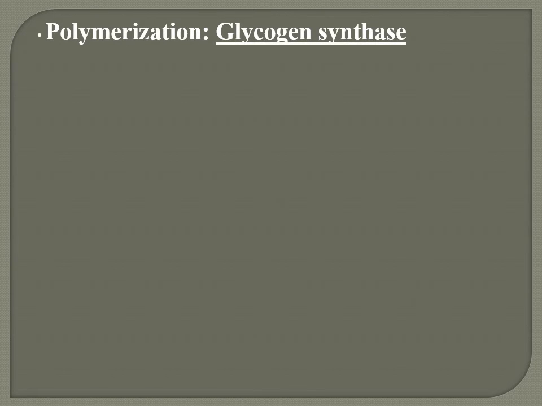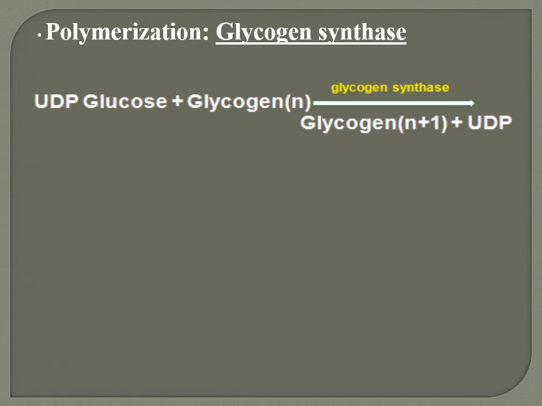Once the UDP-glucose is formed, the next step is polymerization, or the chain lengthening process, which is catalyzed by the enzyme glycogen synthase. The function of UDP-glucose is that it transfers the activated glucose residue to the existing glycogen chain so that the glycogen grows in length.